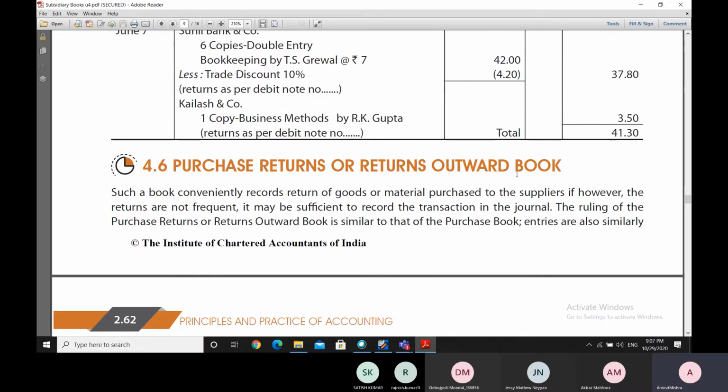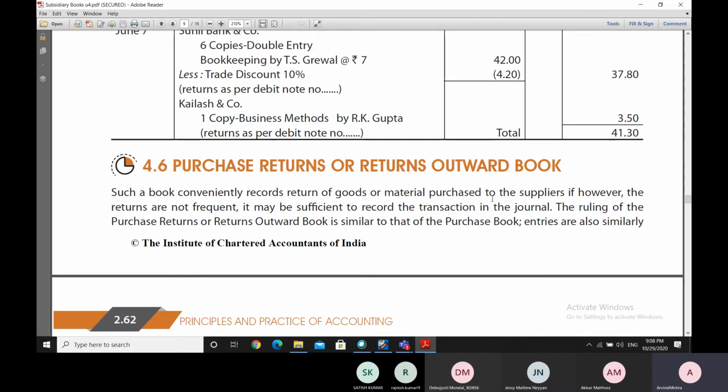Now the next one is purchase return or the return outward book. This book records the return of goods or material which is purchased from any supplier and which is returned back to the supplier. But of course, if these purchase returns are not frequent, it may be sufficient to record it in the journal.